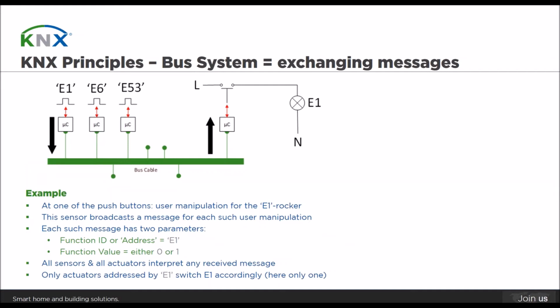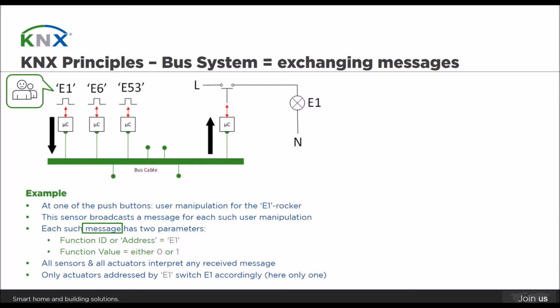The next aspect of the bus systems is the message exchange. So how do we switch on this lamp now? What is the technology used here, or what is the concept? When someone manipulates this rocker of this push button, then this microcontroller will send out a message to the bus.